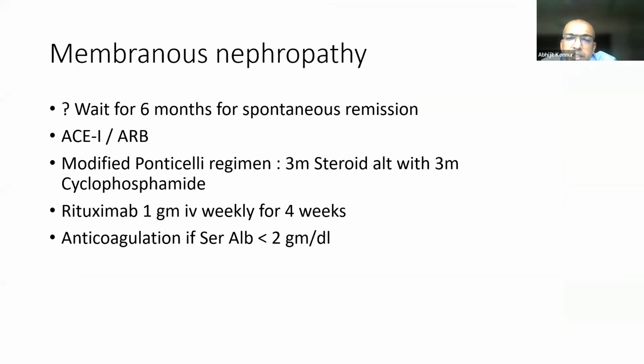In those patients who have not remitted spontaneously or are having high risk factors like significant proteinuria, like our gentleman here, one would treat them with either the modified Ponticelli regimen, alternating steroid and cyclophosphamide, or start them on the MENTOR trial associated rituximab doses. And also consider anticoagulation if the serum albumin levels were less than 2 grams per deciliter.